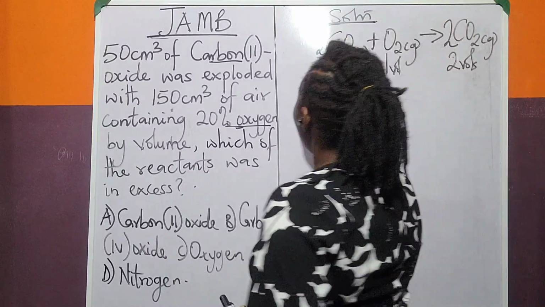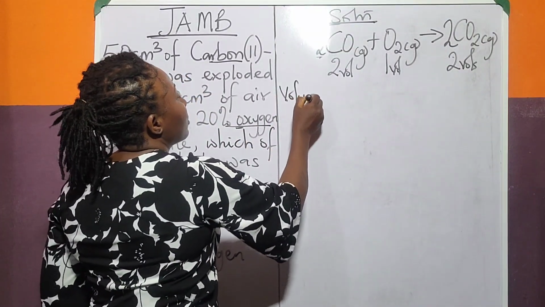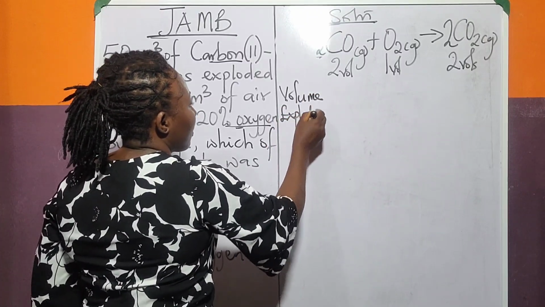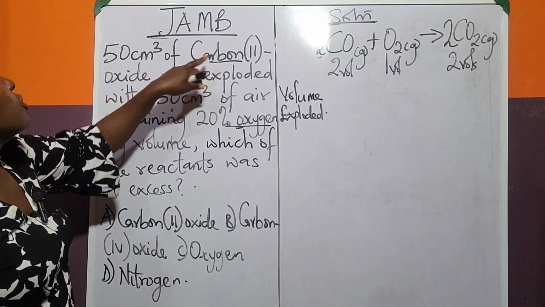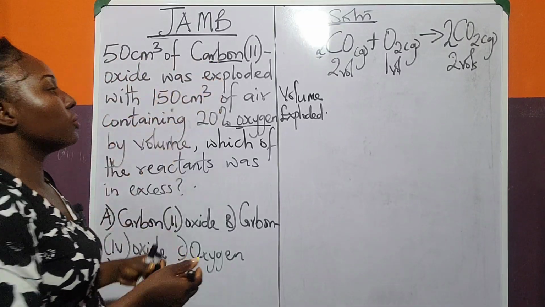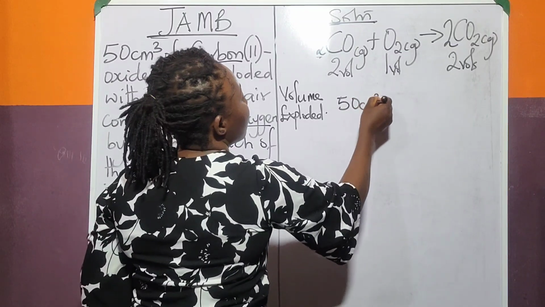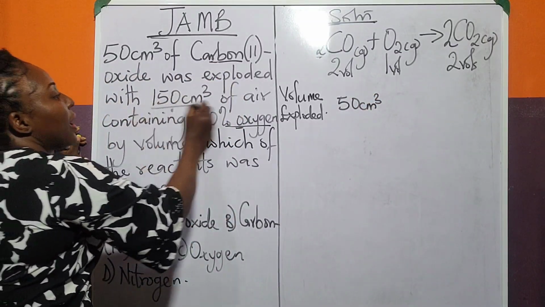Also, the volume exploded. So they said 50 cm³ of carbon(II) oxide was exploded. So for carbon(II) oxide, I have 50 cm³, was exploded with 150 cm³ of air.